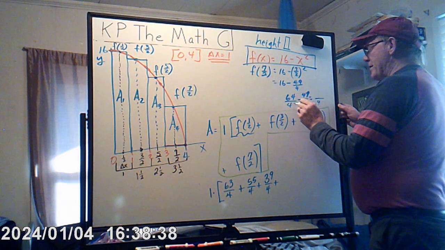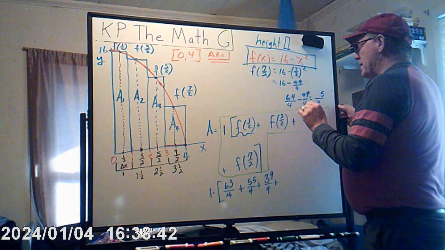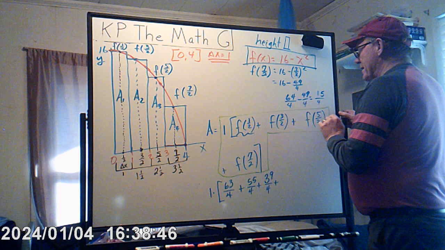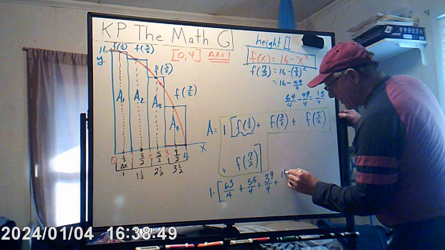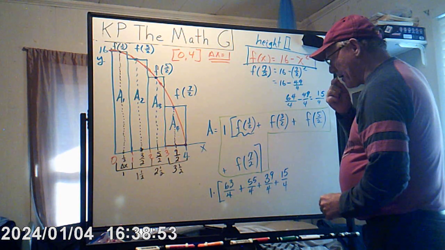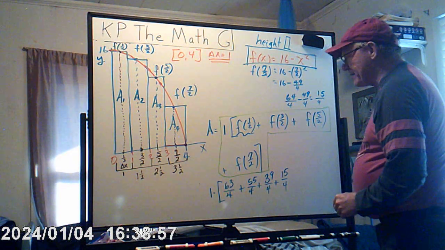What is that? 14 minus 9 is 5, and 5 minus 4 is 1. So this is actually plus 15/4. That looks pretty good to me.